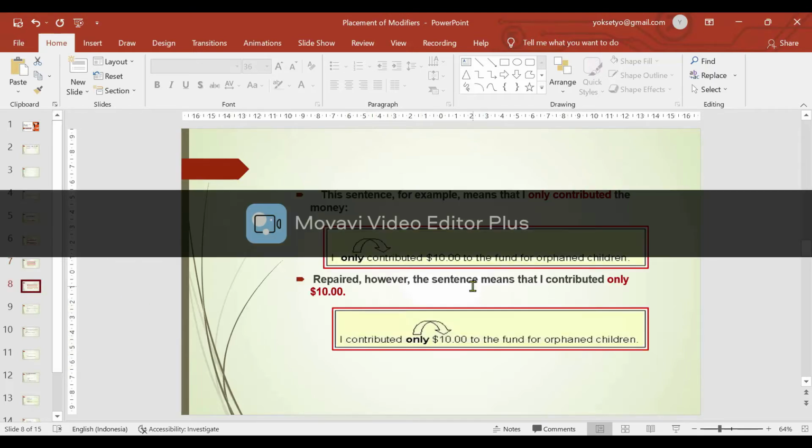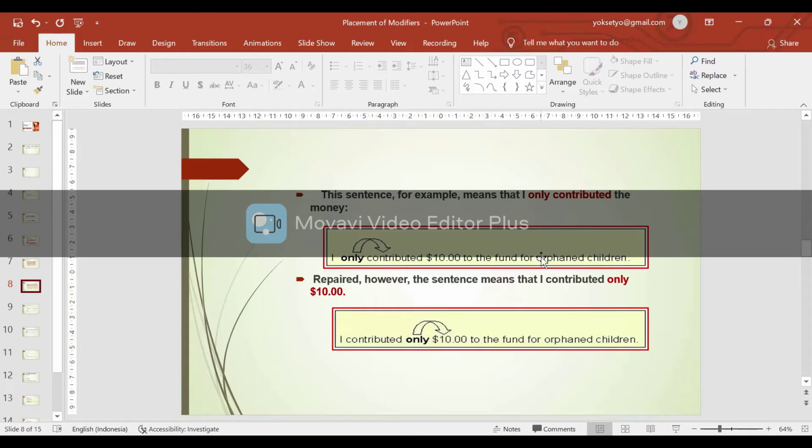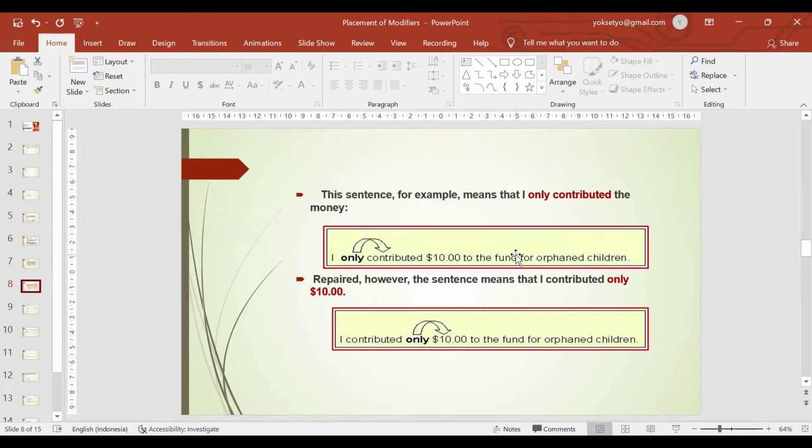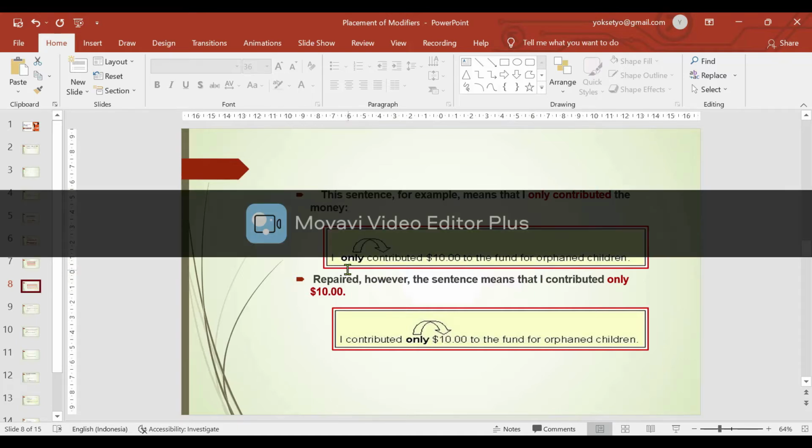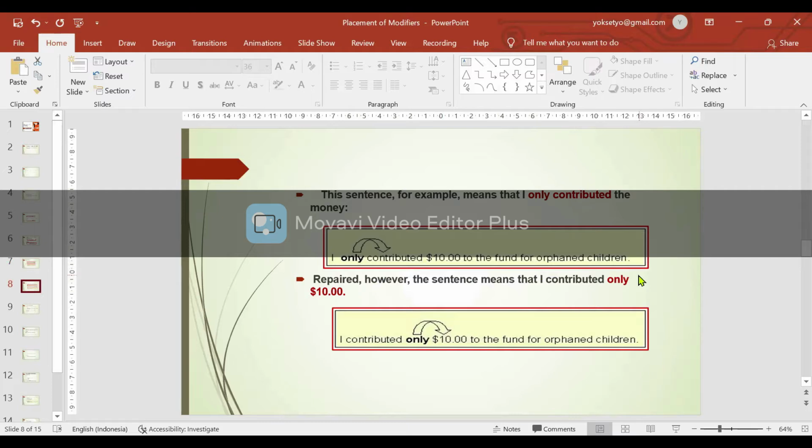Next, the sentence, for example, means that I only contributed the money. So this is also an example of misplaced adverb. The adverb only. Look at the example: I only contributed $10 to the fund for orphan children, right?